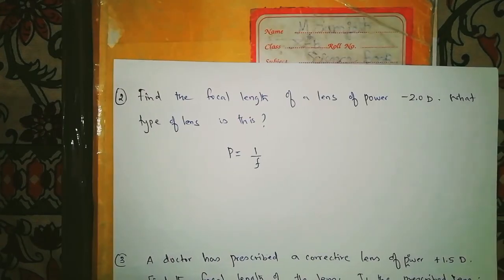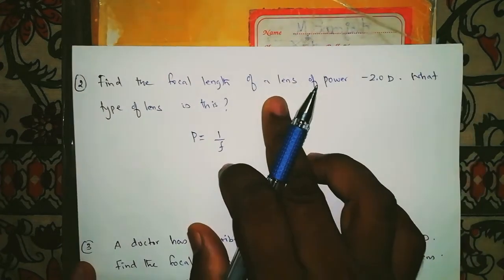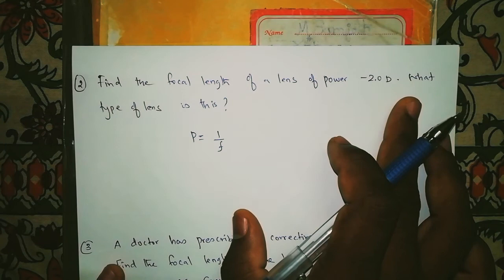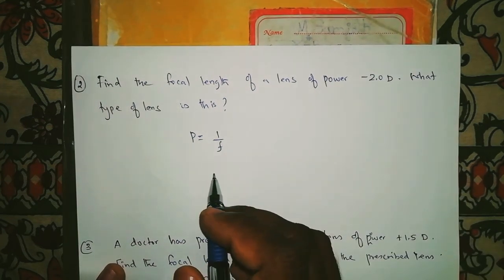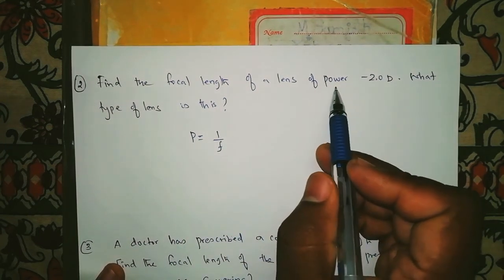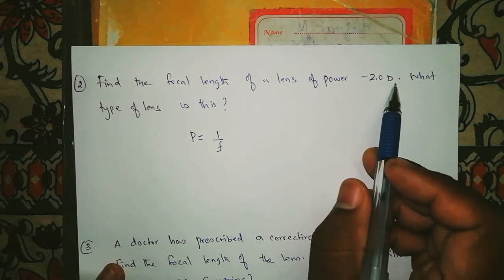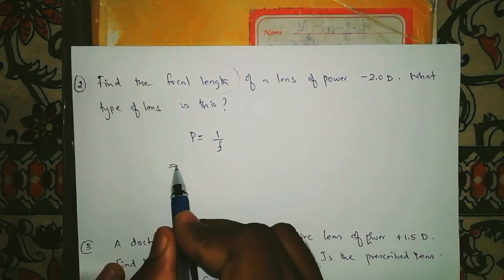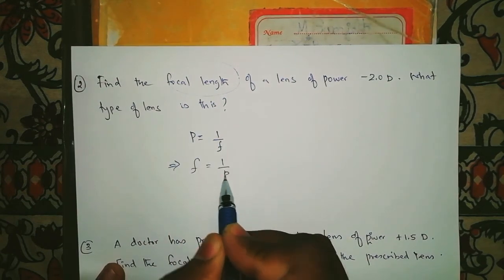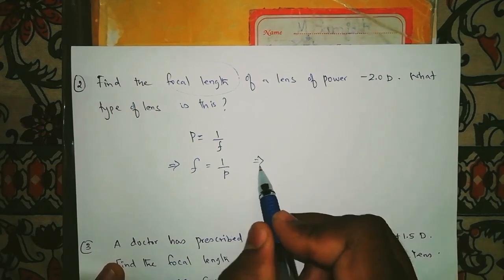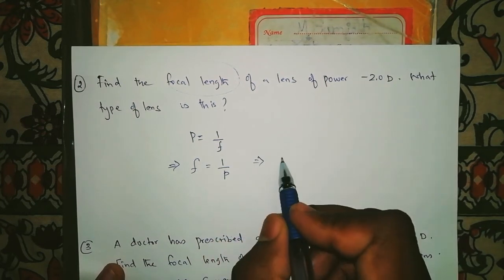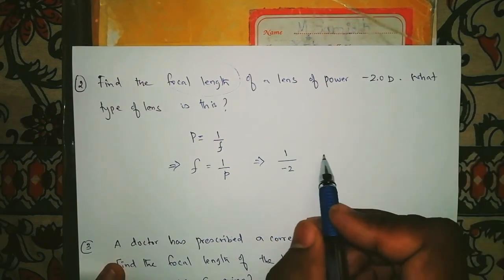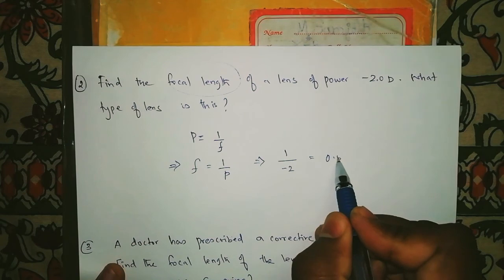The other simple numerical is to find the focal length of a lens of power minus 2 diopter. What type of lens is this? So use the power of lens formula, but here they have given minus 2 D, so you have to find the focal length. So I need only f, so I can write it as f is equal to 1 by P, right? So when we substitute this here, 1 by minus 2, that is the power of lens is minus 2, so it comes as 0.5 meter.